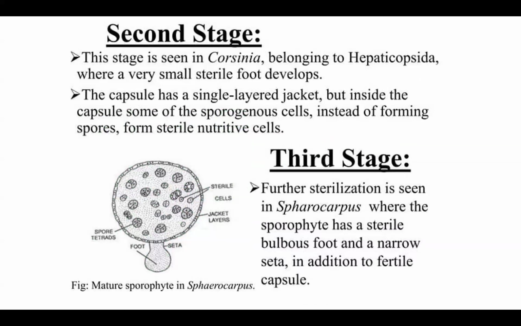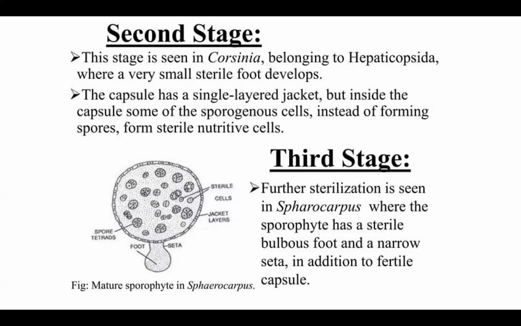The second stage is Corsinia. It belongs to the Hepaticopsida, the lower bryophytes only. Here in Corsinia, you will see a small sterile foot-like structure. The capsule has a single layer jacket wall. There is no seta. Only a small sterile foot and the capsule are present.